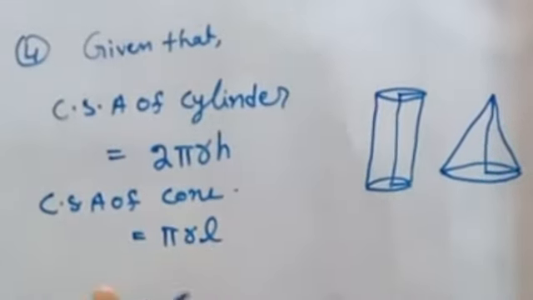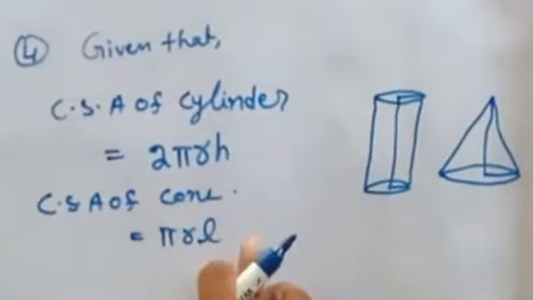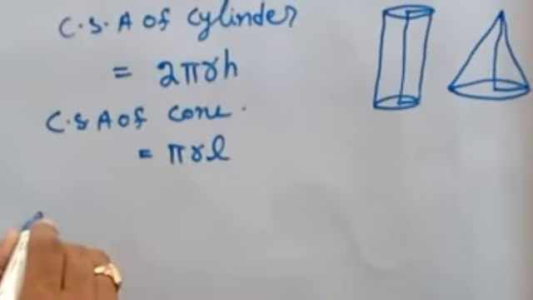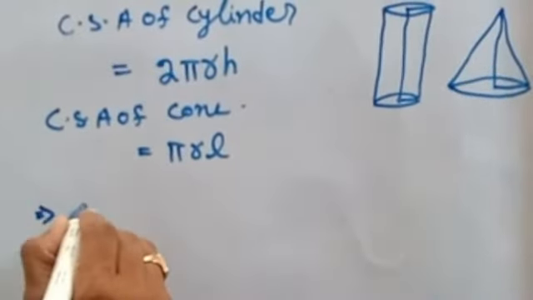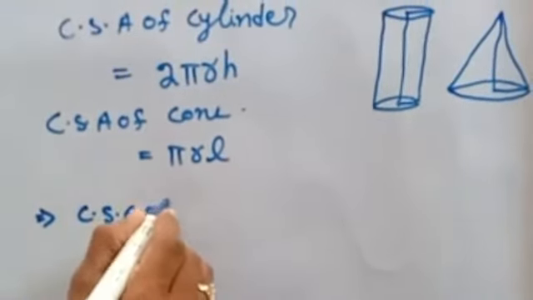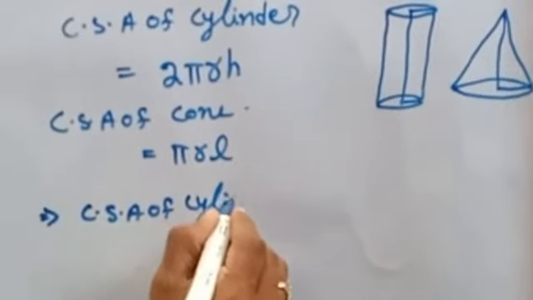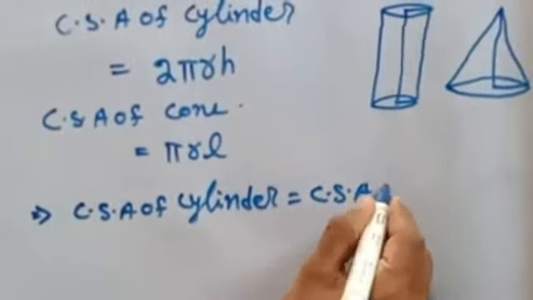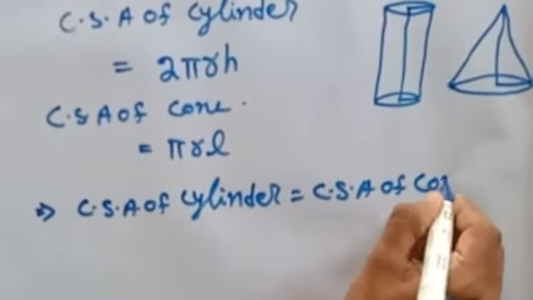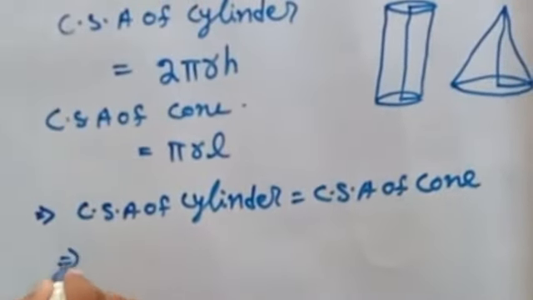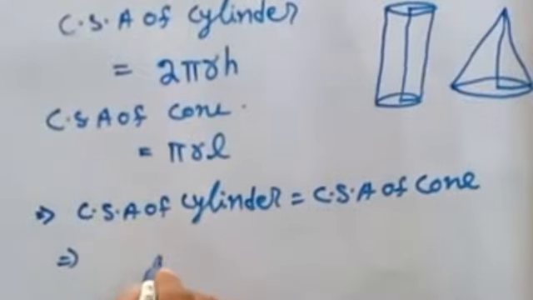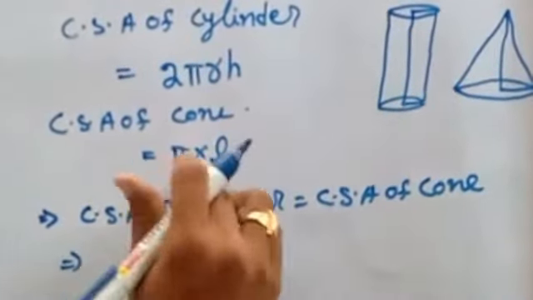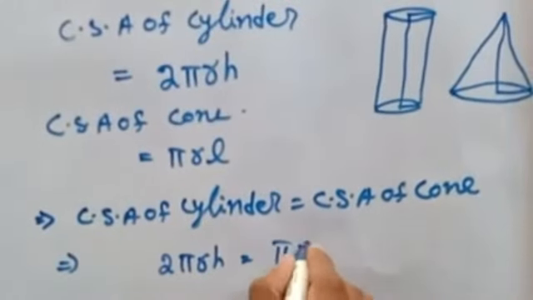From the given data, CSA of cylinder and CSA of cone are both equal. That implies CSA of cylinder 2 pi r h is equal to CSA of cone pi r l.